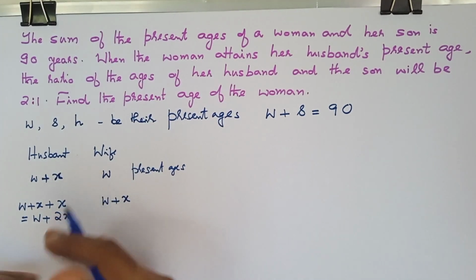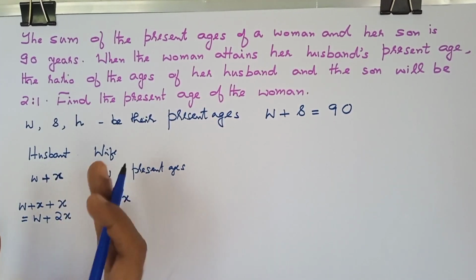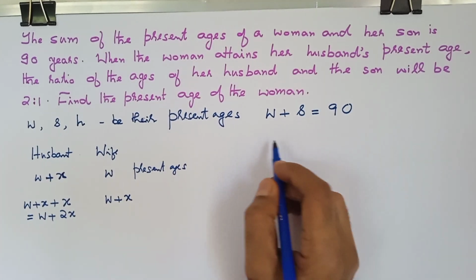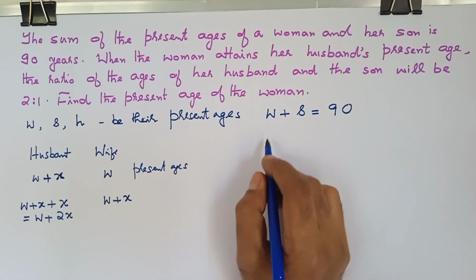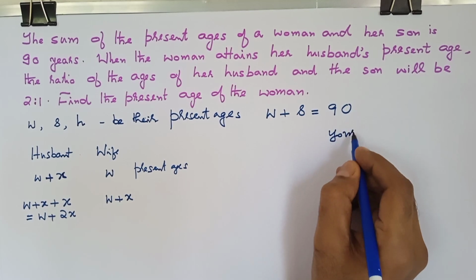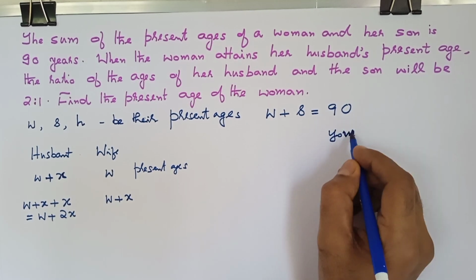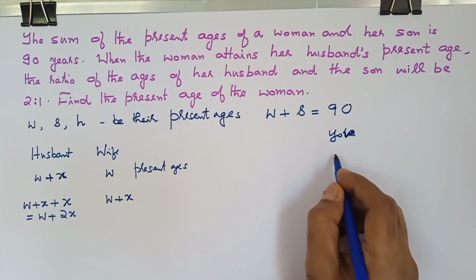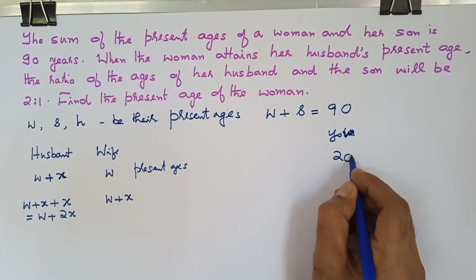See, if you have any confusion regarding whatever I have discussed here, you may look at a numerical case. For example, your age is, let it be 20.